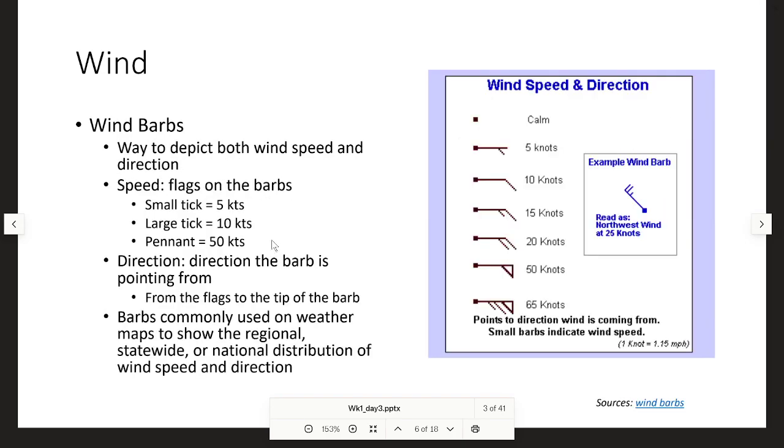Okay, wind barbs. So these are fun. These are kind of like a bow and arrow. They indicate wind speed and direction. So I like to think that this side with these ticks on them is like the bow. I'm not really an archery fanatic, but you know what I mean.